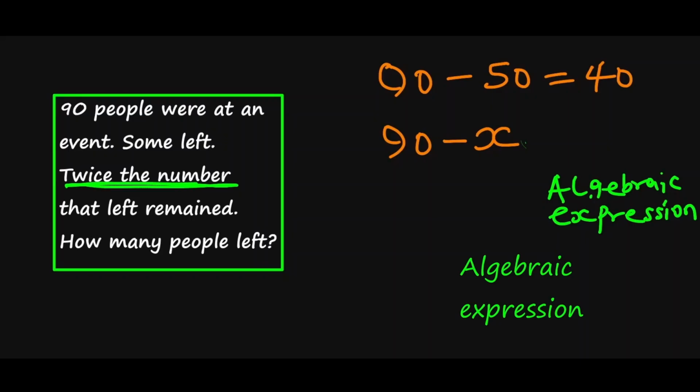In fact, at a point, you'll be able to create your own equations from word problems, which we'll touch on as the lesson goes on. Also, what happens next after you've gotten your x, 2x, y, a, whatever, in the form of an equation or an expression? How do you go about it to get the answer? That is what this entire series is all about. From lesson 1 to lesson 10, we are going to go through everything step by step. So just make sure you follow all the videos in order for you to understand it properly.